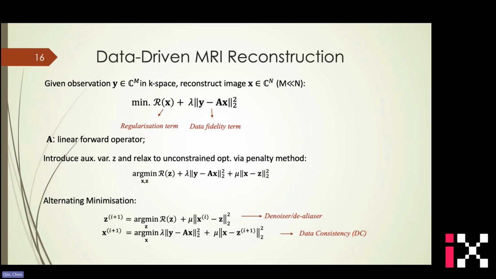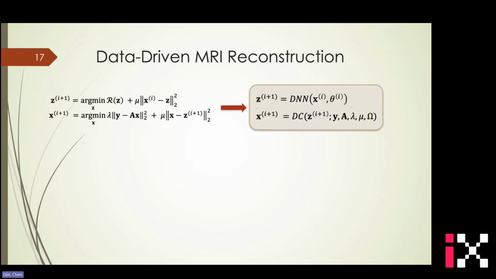So based on this, how could we formulate this into deep neural networks? We are trying to formulate this similarly in an alternating fashion in deep neural networks. One of our strategies is to formulate the first denoiser as a deep neural network, so that instead of explicitly imposing some regularization on the data, such as in compressed sensing, here we use the deep neural network to learn this from the data that we have acquired, right?